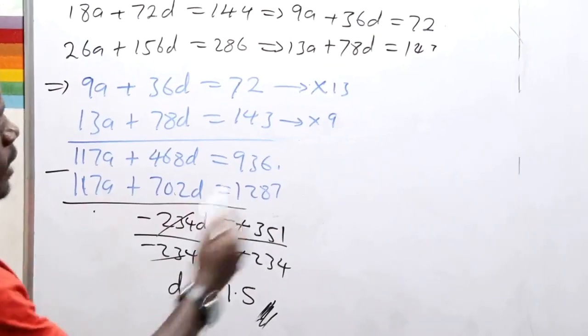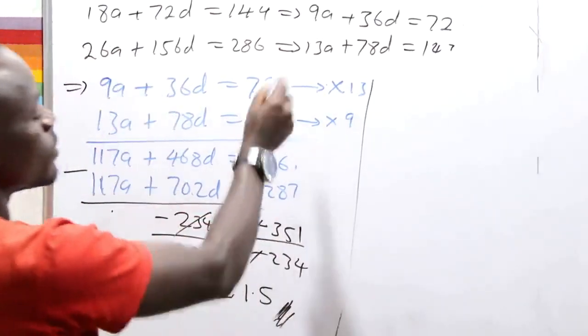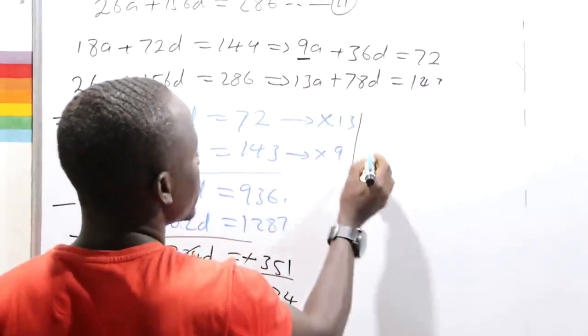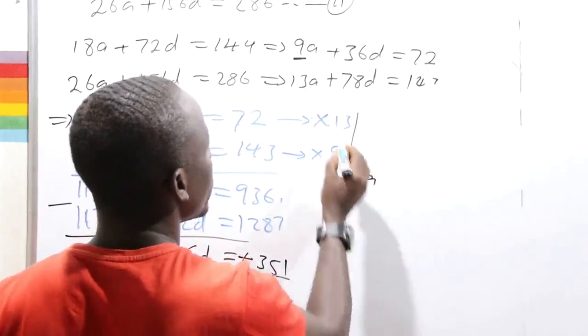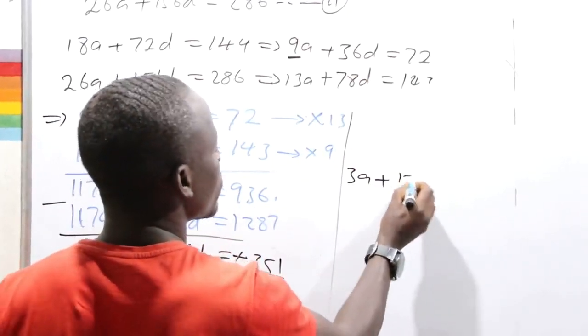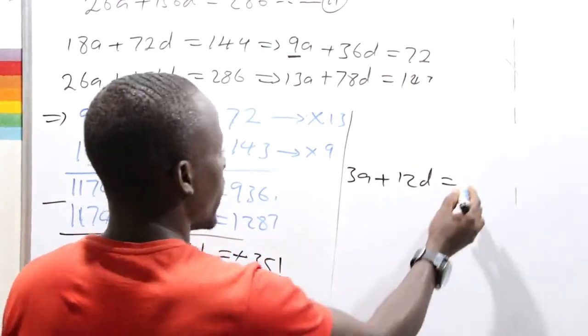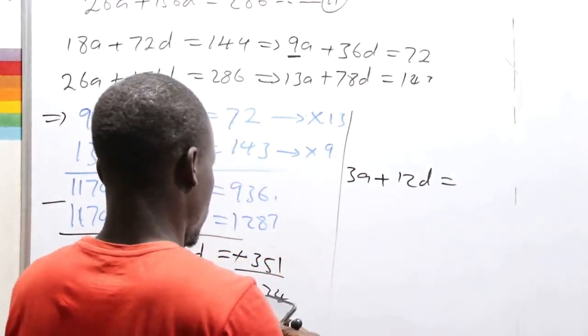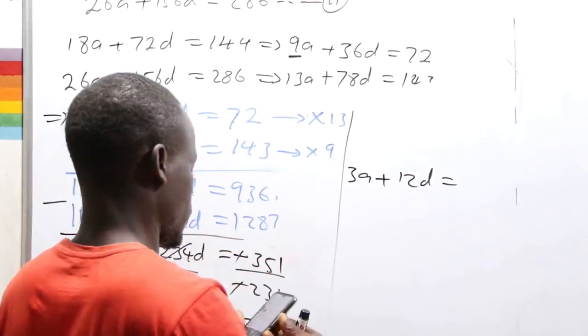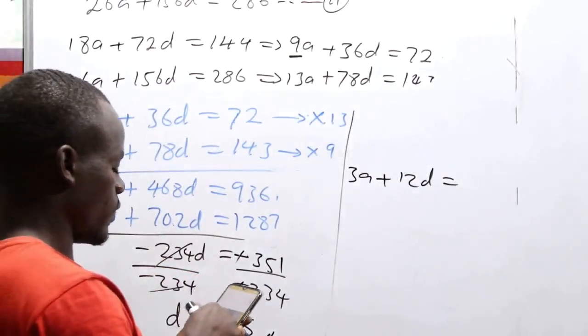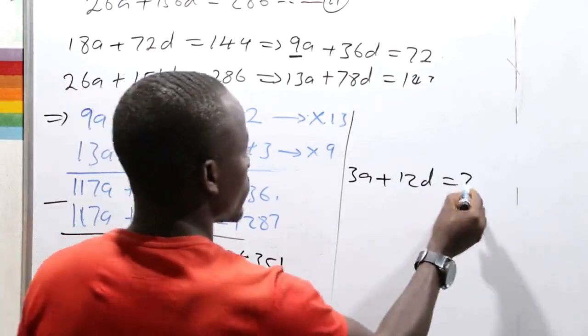That's our d. Now, this equation can still be reduced in case you do not like big values. We can divide this 9 by 3 to give us 3a, divide this 36 by 3, we have 12d, divide this 72 by 3, we have 24.